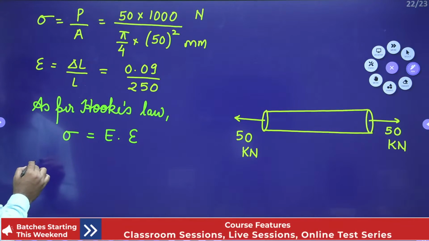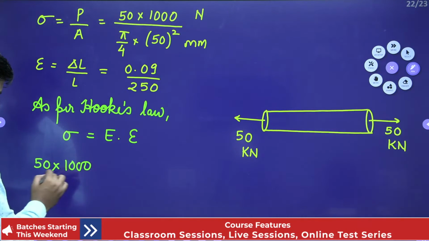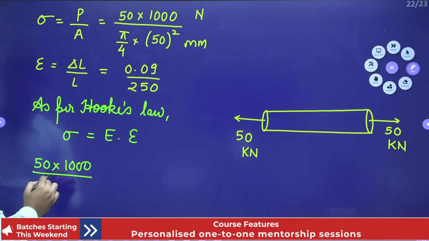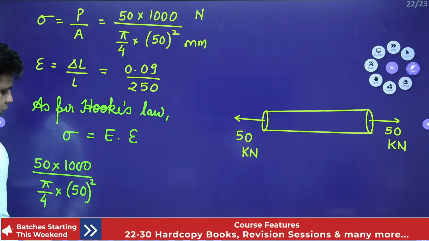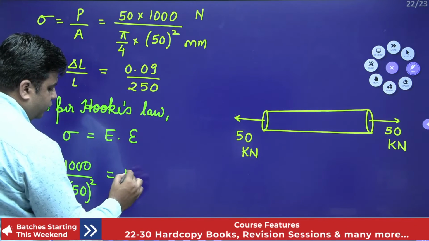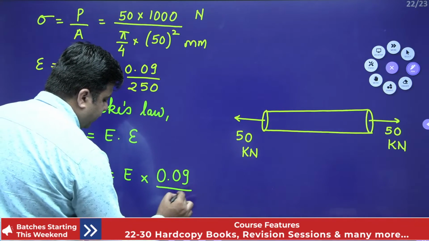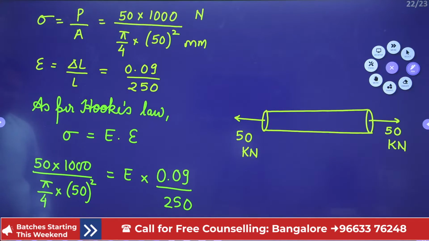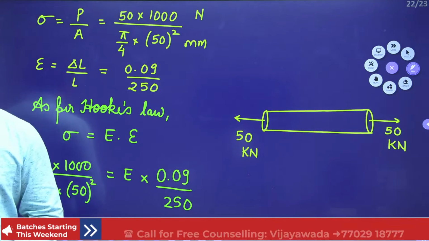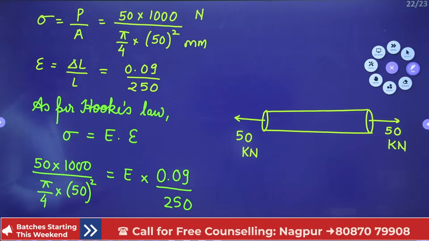Stress is 50 into 1000 divided by pi by 4 into 50 square, which is equal to E into strain, and strain is 0.09 divided by 250, right? So do the calculation and tell me the final answer for this.